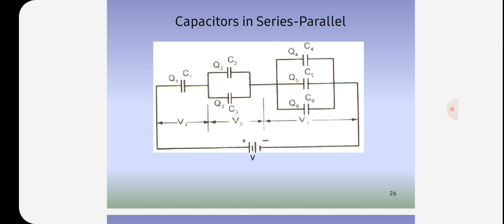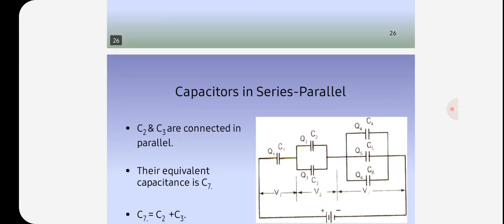The voltage V1 is across C1, the voltage V2 is across C2 and C3, and the voltage V3 is across C4, C5 and C6. The total circuit is connected to a battery.